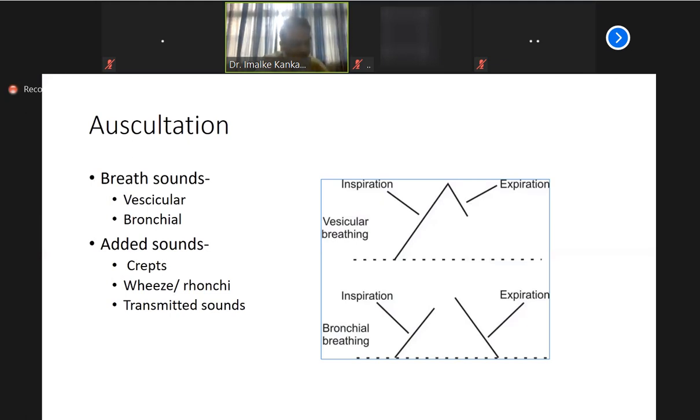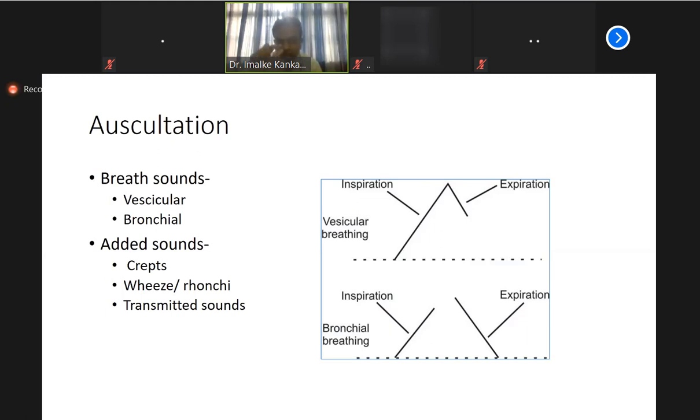But in children, you will hear reduced air entry rather than bronchial breathing, because reduced air entry in a child on one particular side could be due to two reasons.